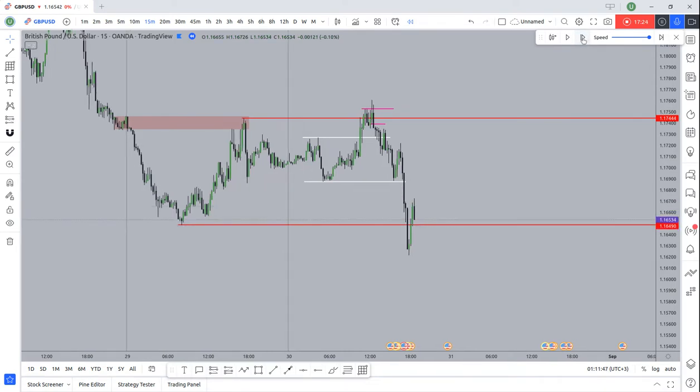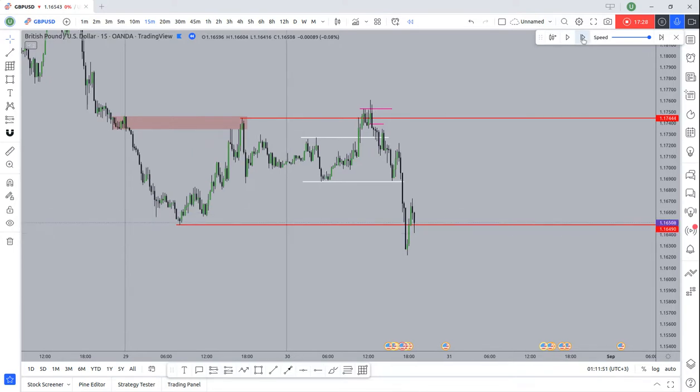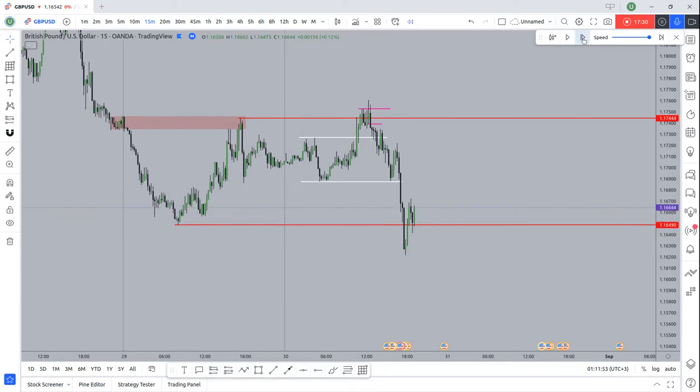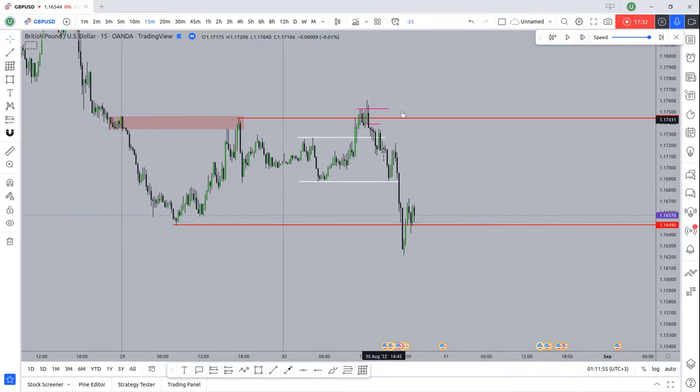You see? Can you see that? Can you see this? After price takes out sell side, there is no other thinking. Price has to reverse. When a sell side is taken, price has to reverse.